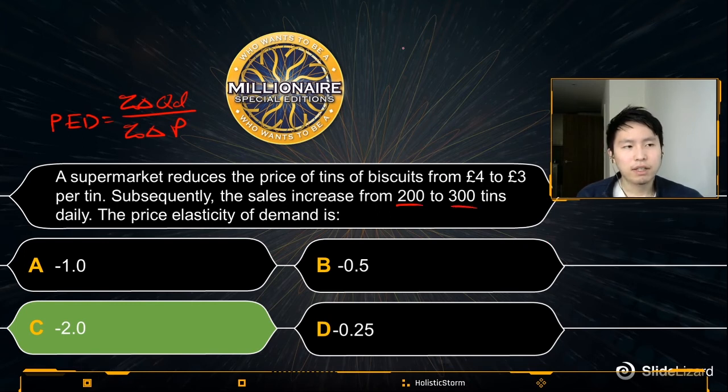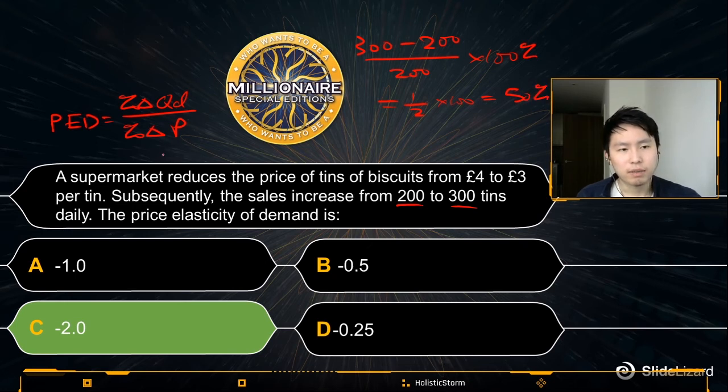The new one is 300, and then we minus the old value, divided by the old value, and then we times by 100% to get the percentage change in the quantity, right?